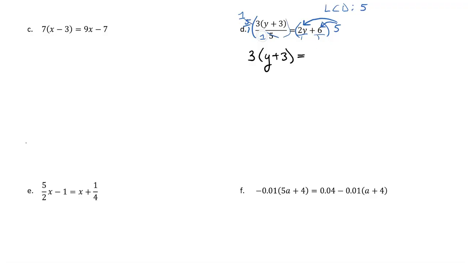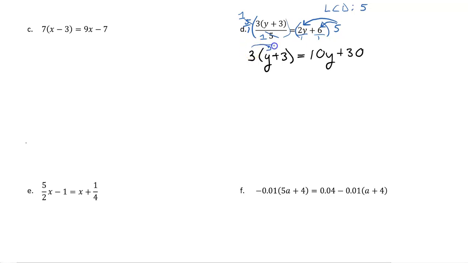So it's a little bit different on the left side, but I still need to multiply by that 5. So 2y times 5 gives me a 10y, and 5 times the 6 gives me a 30. It's nice and cleared away of fractions. We can continue on with our process.